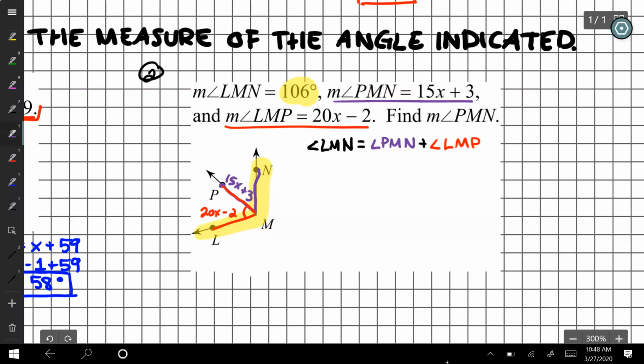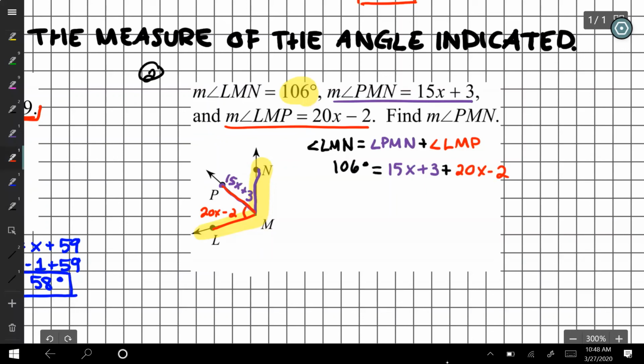Alright, so LMN I know is 106 degrees because that is what the question tells me. 106 equals PMN, we don't have a value for, but we do have an expression, so it's going to be 15x plus 3. We're going to add the expression for LMP, which is 20x minus 2.